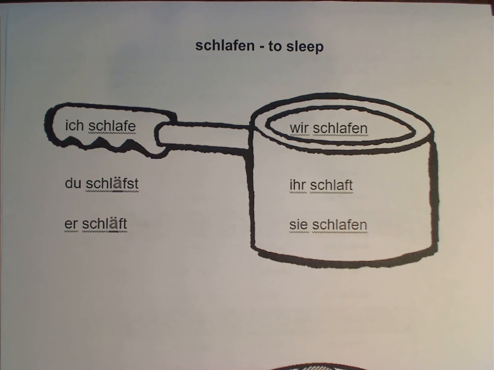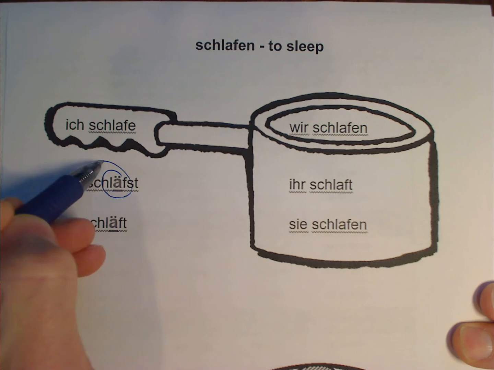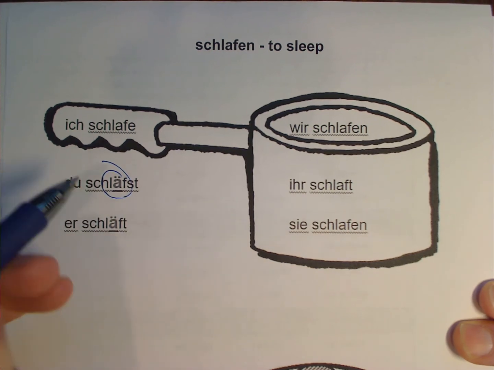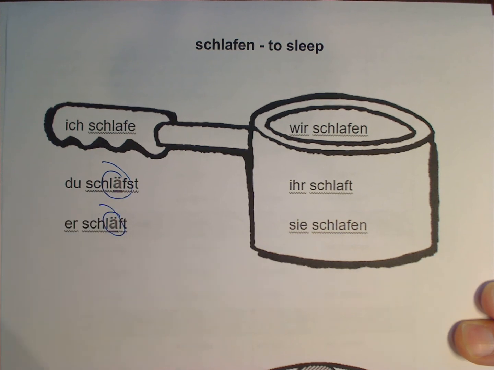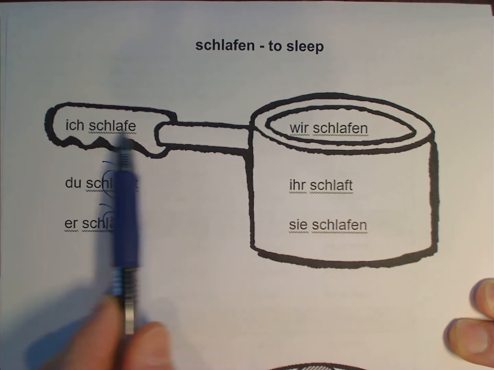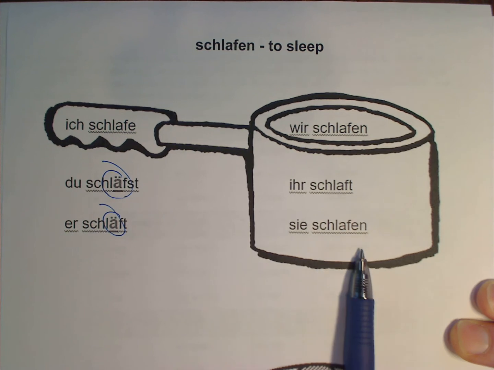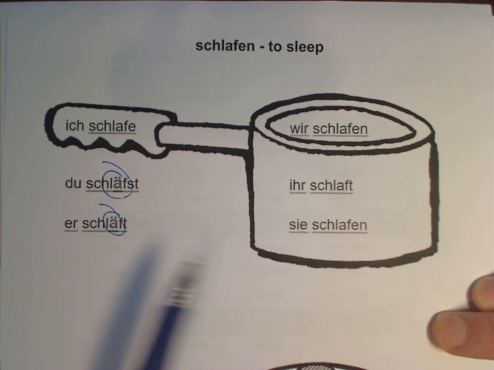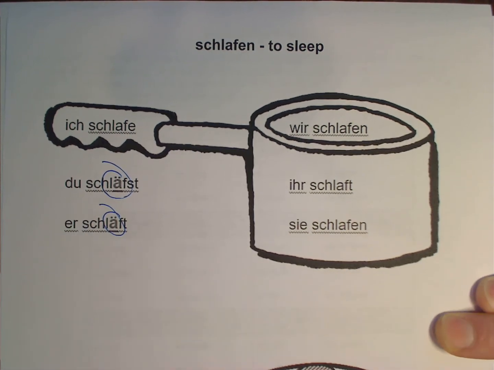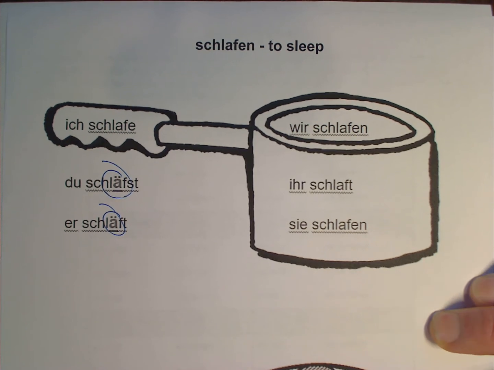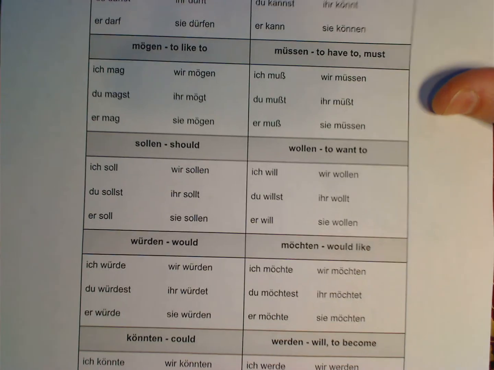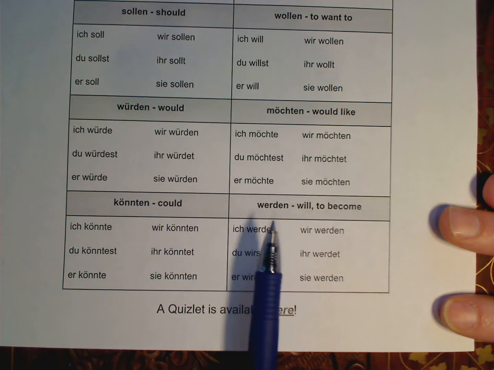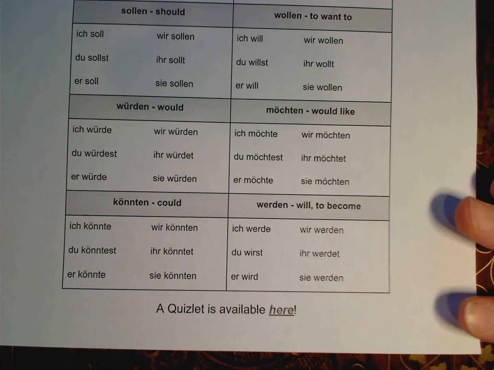Their irregularities are, in this particular verb, schlafen, the umlaut that gets put over the A in schläfst and schläft. We remember all of the regular forms of the verb go in the pot, and the irregular forms are outside of the pot. So schlafen is a pot verb, and one of the modal auxiliary verbs that we're learning, werden, is also a pot verb.